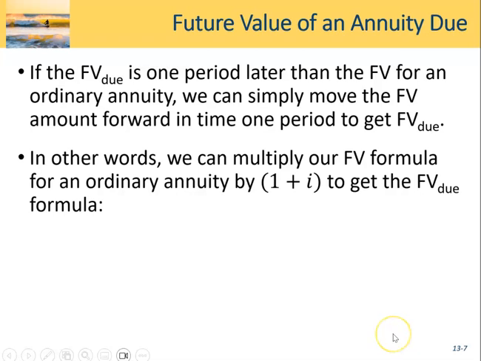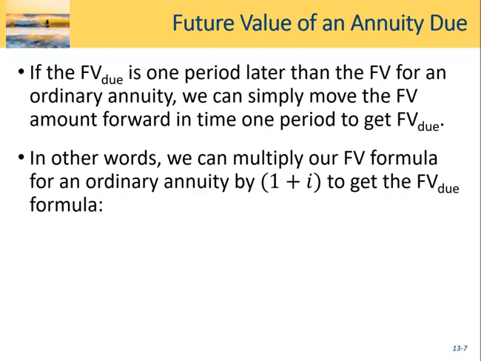Okay, so if the future value due is 1 period later than the future value for an ordinary annuity, we can simply move the future value amount forward in time 1 period to get the future value due. In other words, we can multiply our future value formula if we were using the formulas.